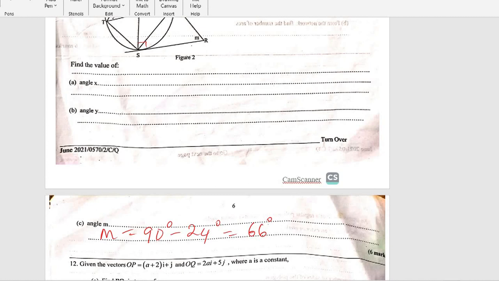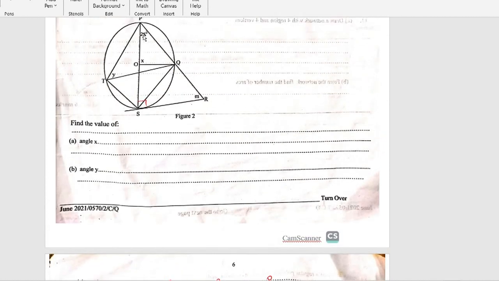So our M will be 66 degrees. That will be the angle M. So that the sum of angles in this triangle, 24 plus 90 plus 66, will give us 180.